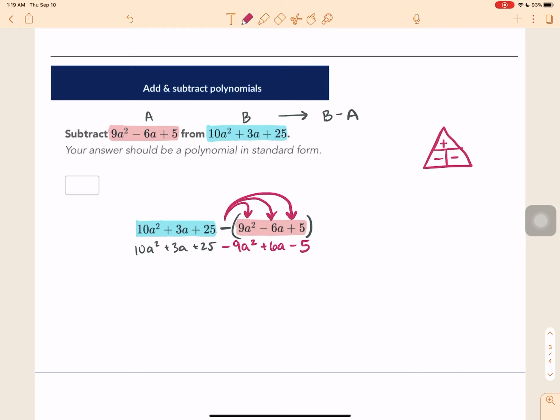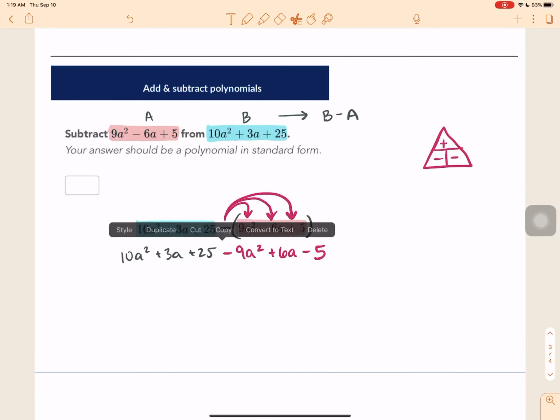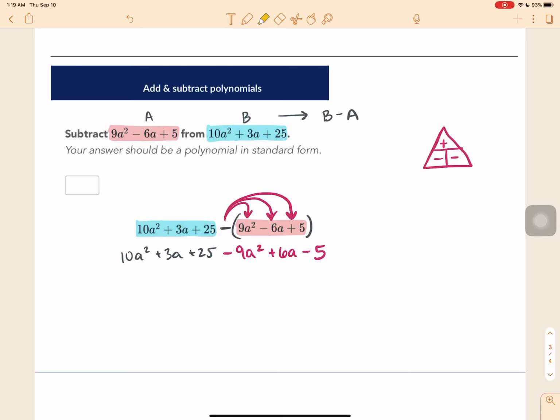Okay, so now we have to combine like terms. I'm going to make these a little bit bigger just in case the YouTube video makes them look smaller. Alright, so again, I'm going to use some color. I have a squareds as part of my terms. And I have a 10a squared and a negative 9a squared. So that will be my first term I'll combine.